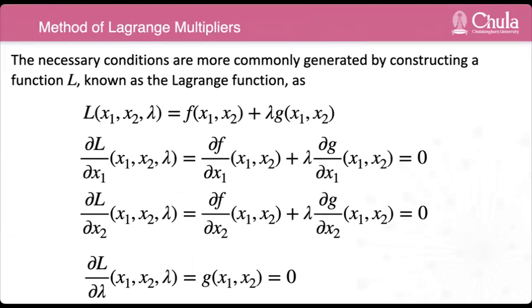We call this the Lagrange function. It is defined as the original objective function plus lambda, the Lagrange multiplier, times the constraint function. You see that we have three variables now. Originally we have x1 and x2, but once we transform to the Lagrange function, we have one more variable, lambda, the Lagrange multiplier.